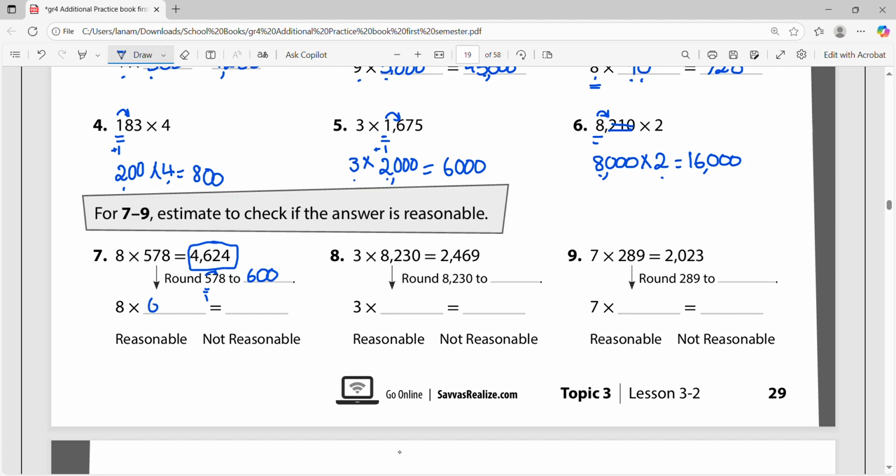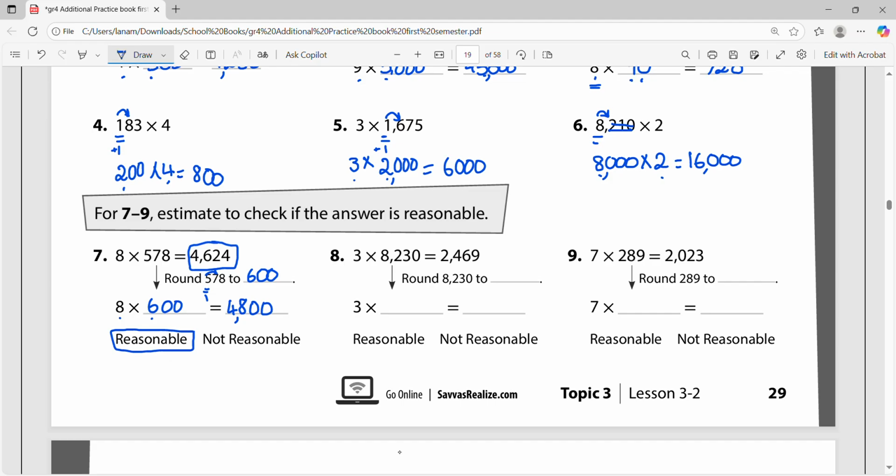So I'm going to put 600 times 8 equals 8 times 6 equals 48. And we add the zeros. Now, is 4,624 close to 4,800? Yes, it is, so it's reasonable. It's close, near.